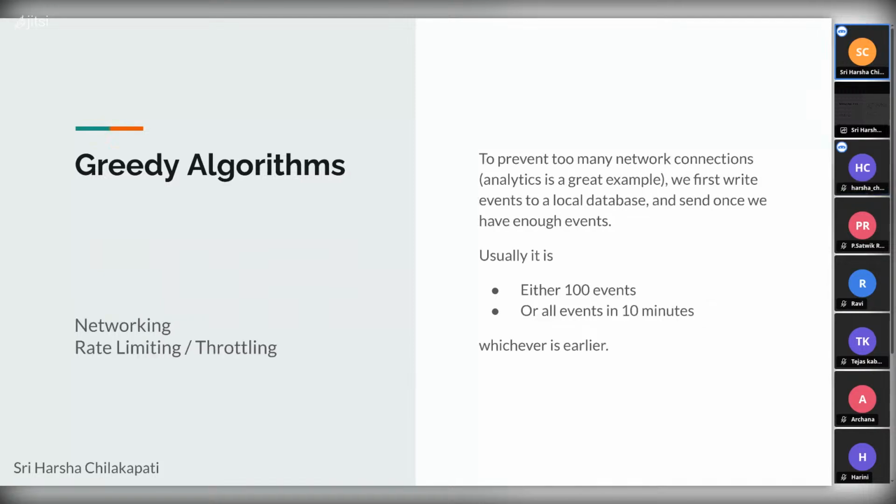Now in networking, one great example is analytics. Why do we generally have analytics? Once your app goes into production, there will be thousands, millions of users. Let's say it starts breaking for 5% of them.